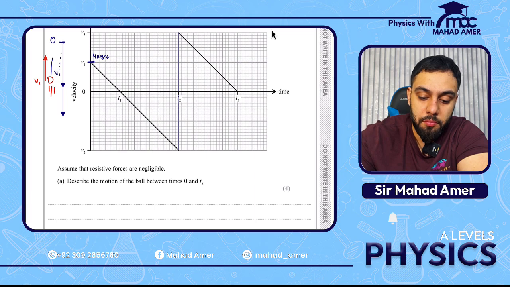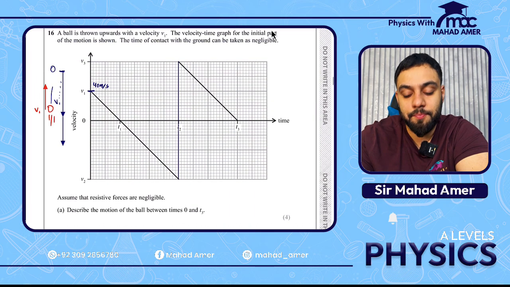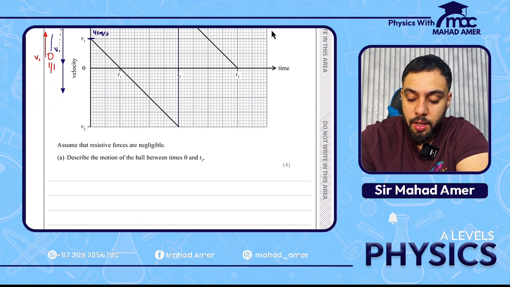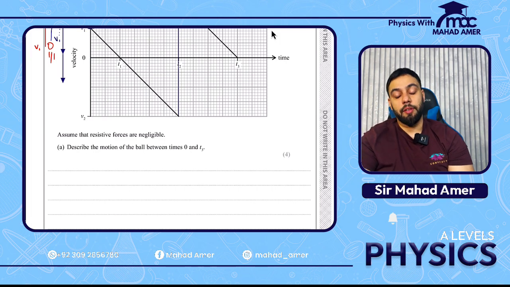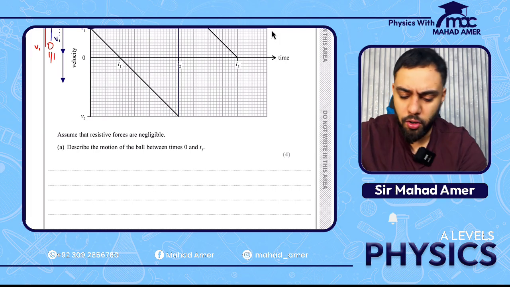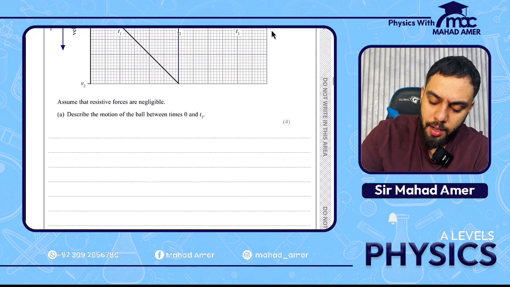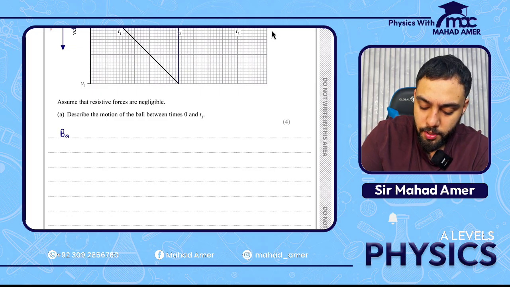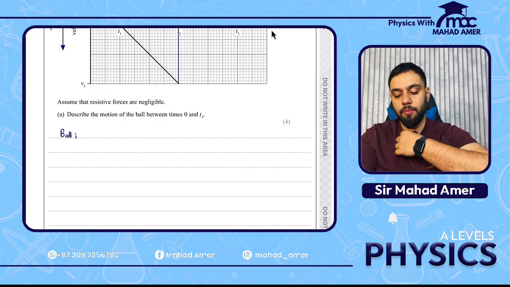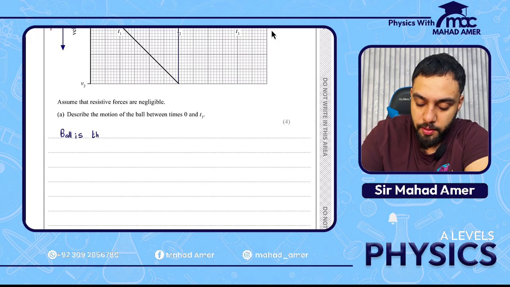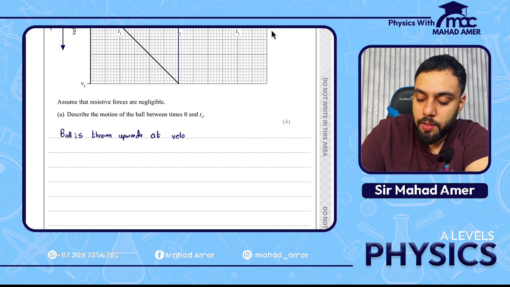So how can we start the answer? Describe the motion of the ball between time 0 and time t3. I would be answering it accordingly. The ball is thrown upwards at velocity v1.